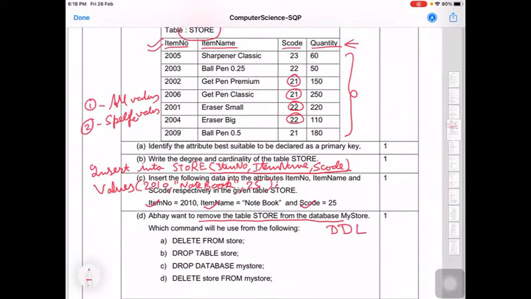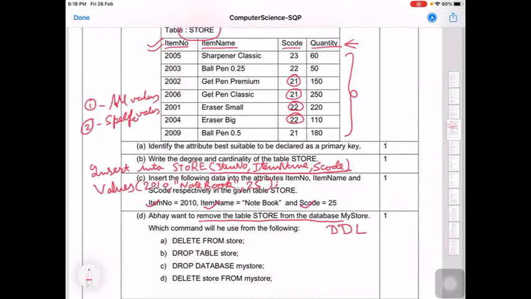Okay, so the DDL commands are related to the entire structure of the table, whereas DML commands are related to values. If it had been written that he wants to remove all the records from the table, then your other command would be used, but here it is written that he wants to remove the entire structure from the database, so you will be using DDL.